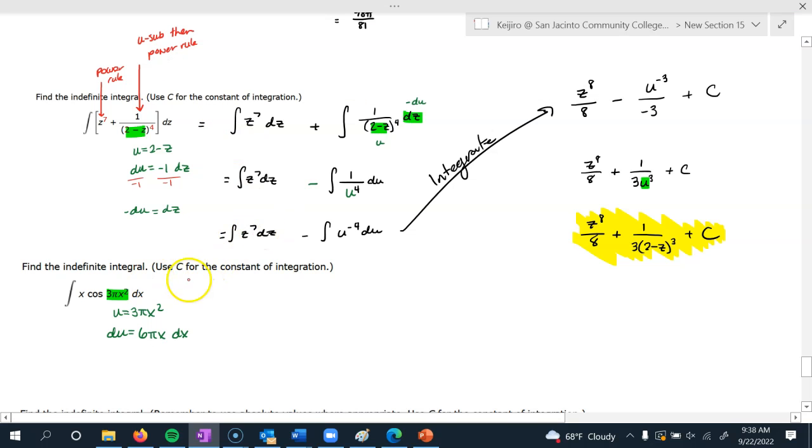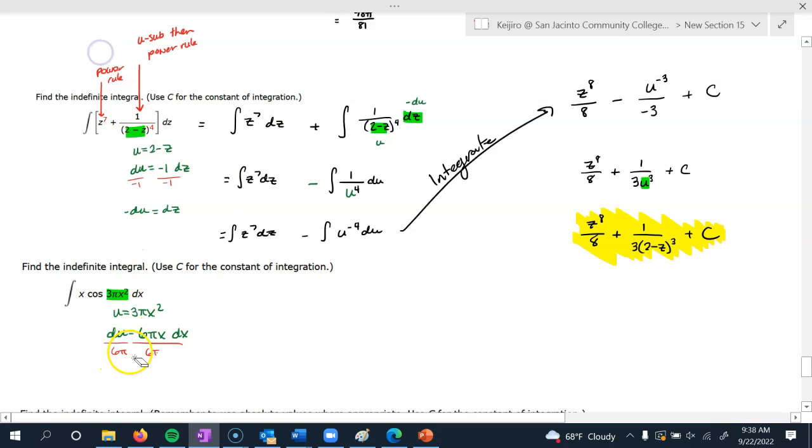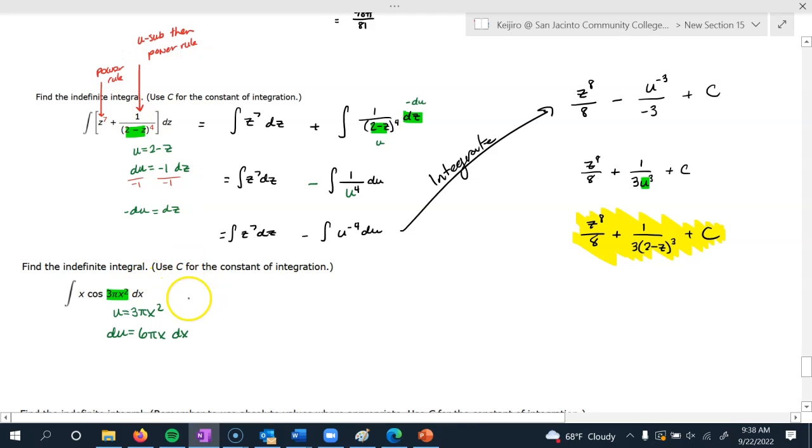Now, of course, you can do sort of the same technique as we did before, divide out, I don't know, maybe 6 pi. I wouldn't, though. I'm about to do something completely different, but not really completely different. I'm just going to toss in a 6 pi over here and put a 1 over 6 pi on the outside. It's good to know both ways of dealing with that sort of thing.